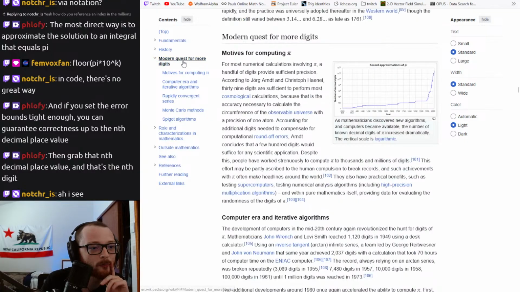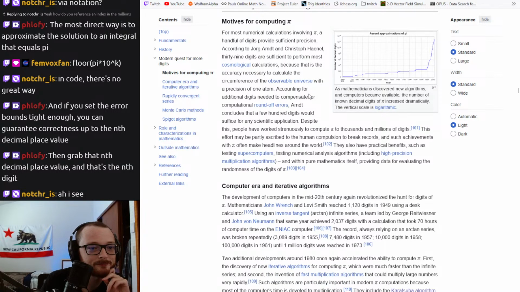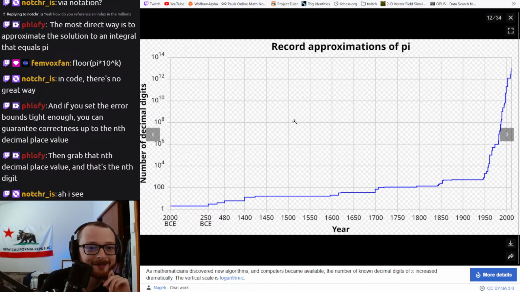The Modern Quest for More Digits. This is a very poetic title. Ooh, this is fun. This is how many digits of pi we have approximations for, dating back to 2000 BC.